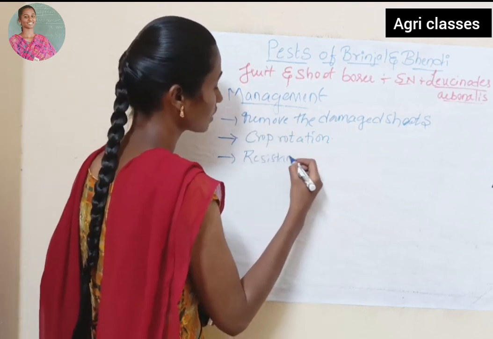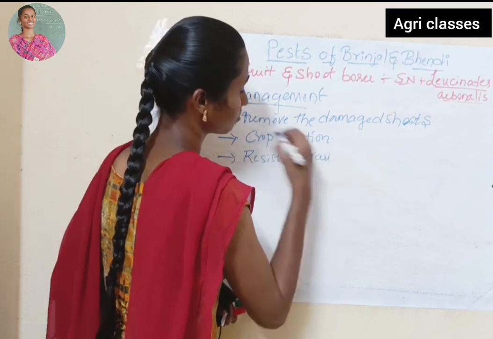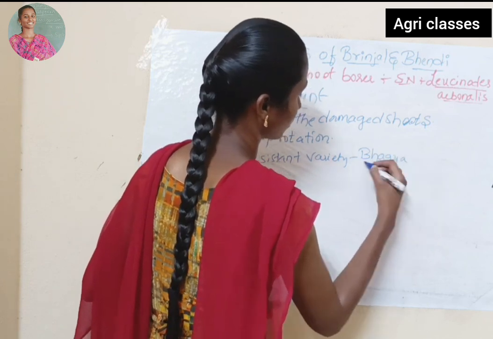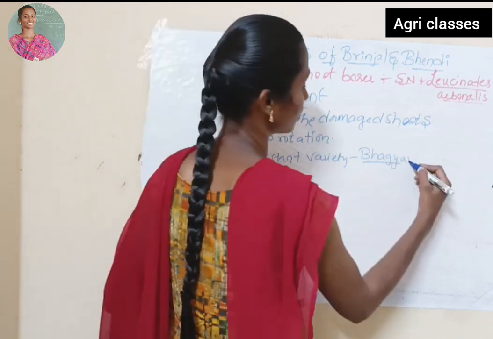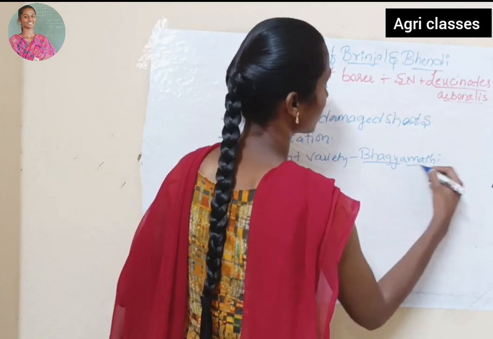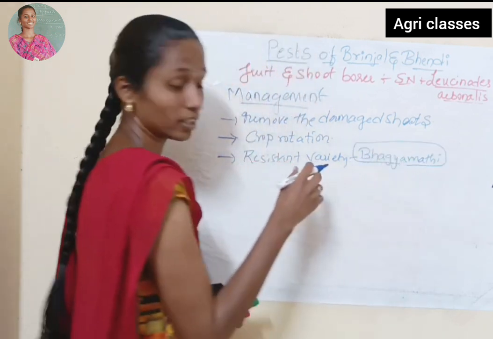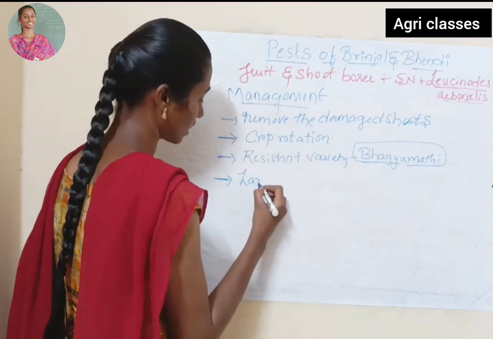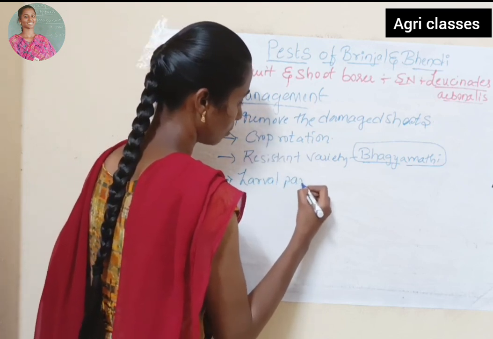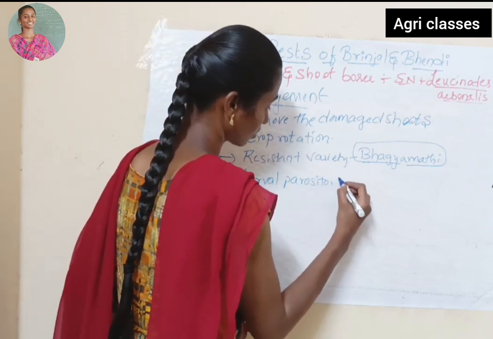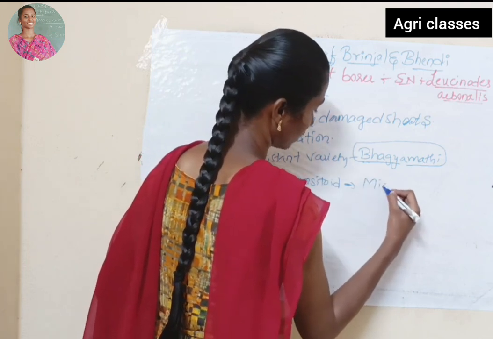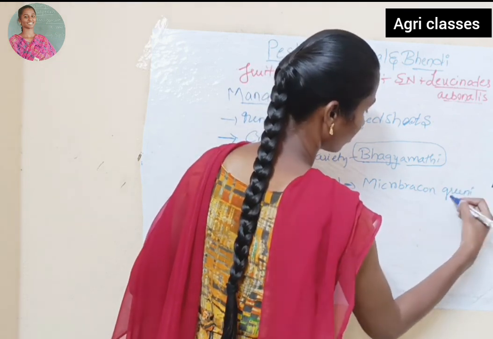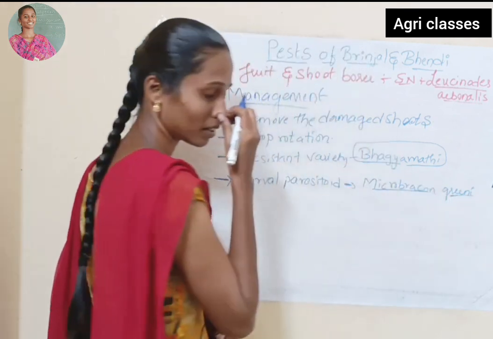Using the resistant variety Bhagyamati. Okay, Bhagyamati. This is very important. The resistant variety for brinjal shoot and fruit borer is Bhagyamati. Then next thing, we can use a larval parasitoid, Microbracon greeni. We have different larval parasitoids, but remember any one.